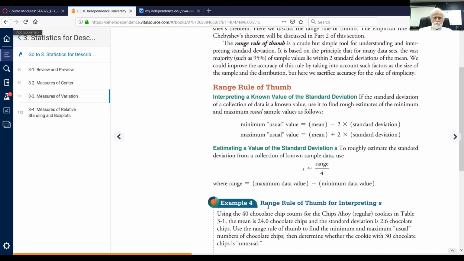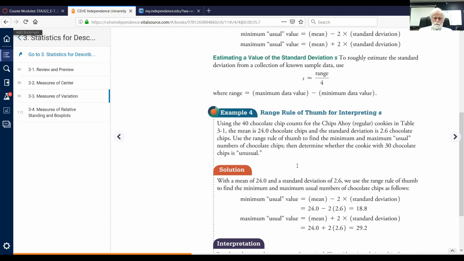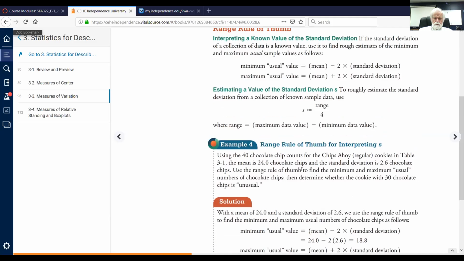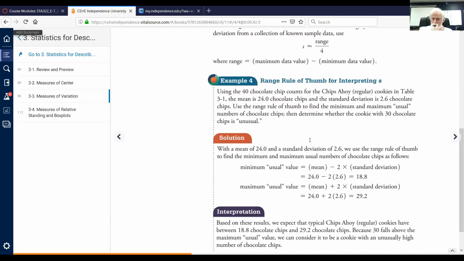So if we calculate the range and then divide by 4, we're going to get an approximate standard deviation. Again, as we remember, in the 40 cookies, we had a range of 11 and a standard deviation of 2.6.